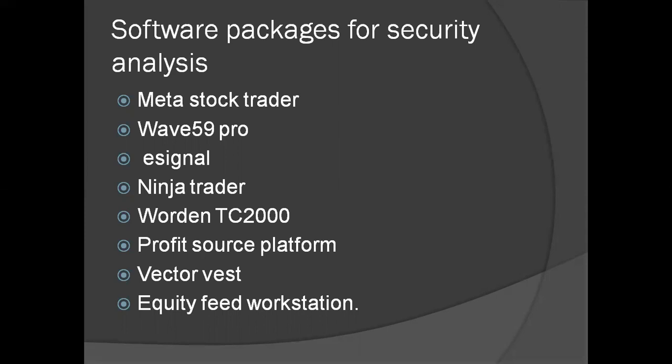The next one is Warden TC2000. This software provides a pictorial view of charts which shows data or information of companies and any current trading news. The limitation of this software is that it only provides data on US and Canadian stocks.